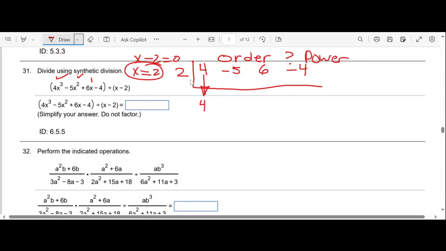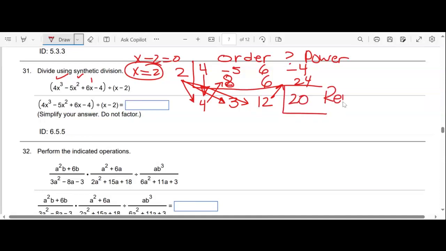Bring the 4 down. Multiply 2 times 4. It gives you 8. Negative 5 plus 8? 3. 2 times 3? 6. 6 plus 6? 12. 2 times 12? 24. It gives you 20. So this is called what? The remainder.